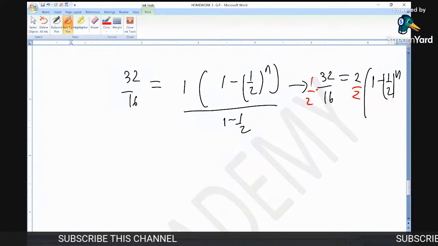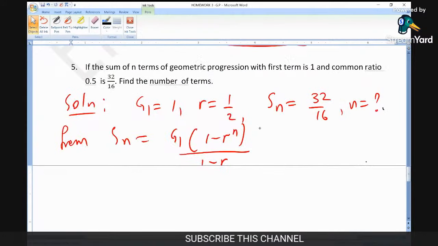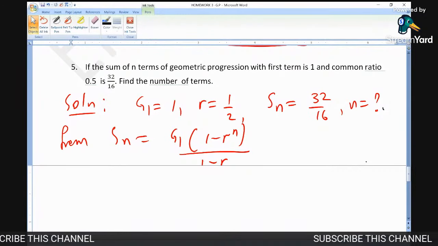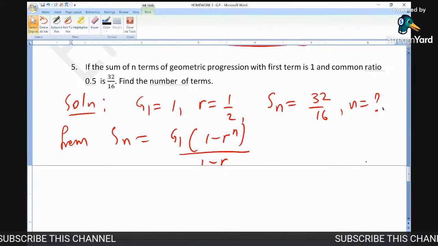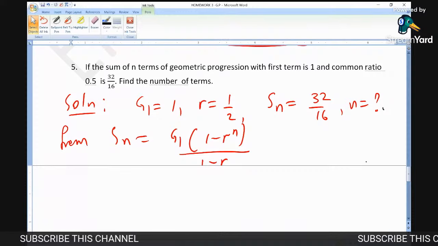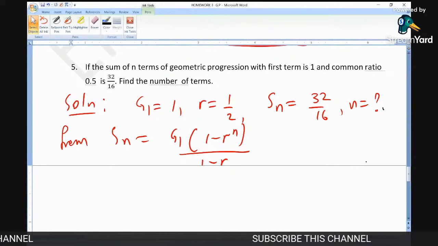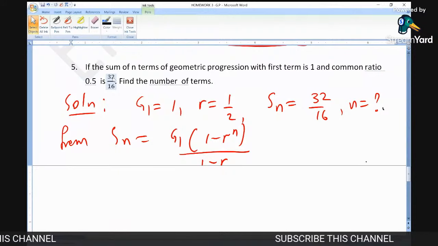I'm sorry, we made a mistake somewhere, and we have to rectify it. It is not 32 over 16. It is actually 31 over 16. So we have to change it. Otherwise, the question could be meaningless.